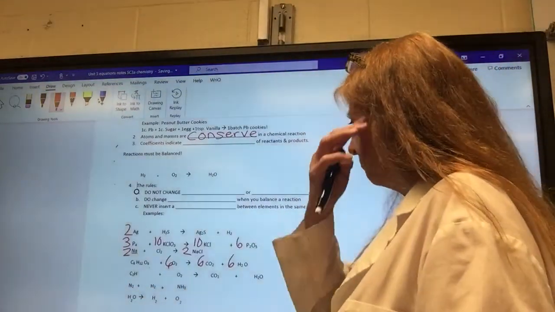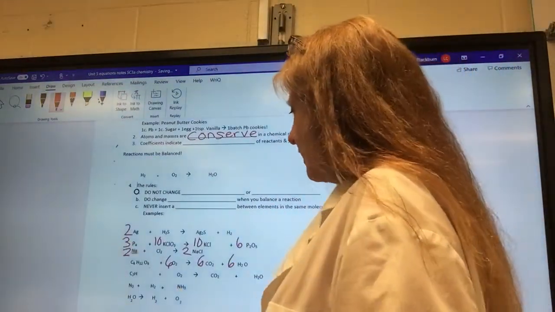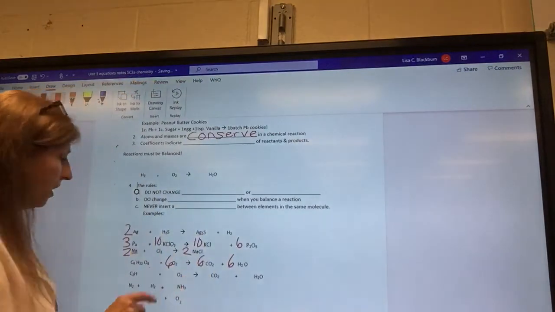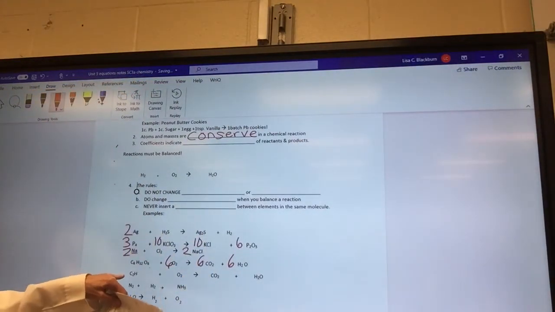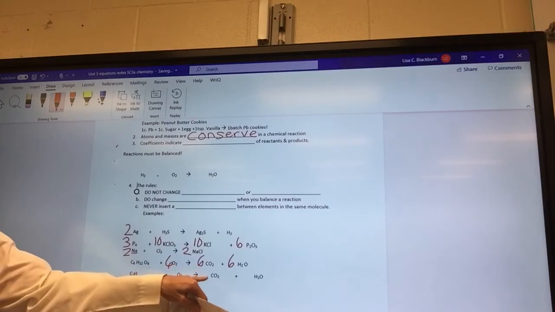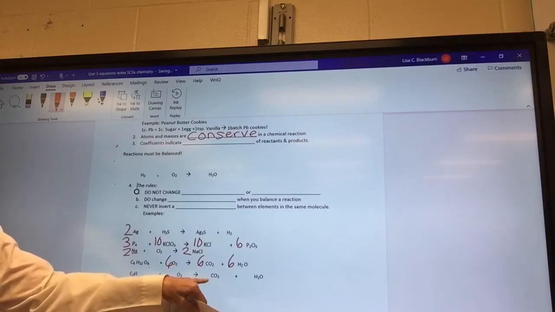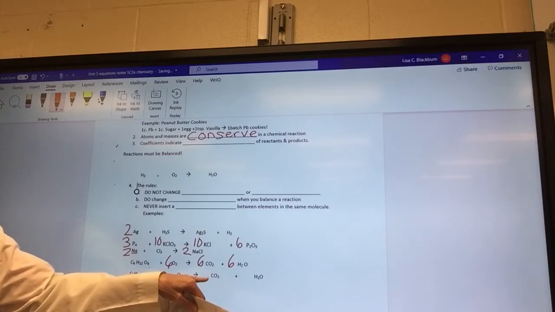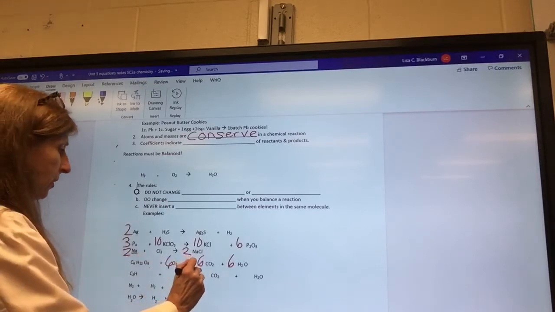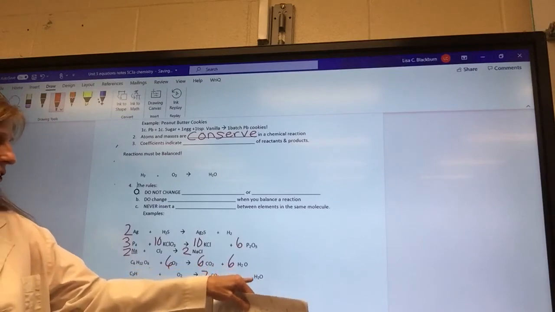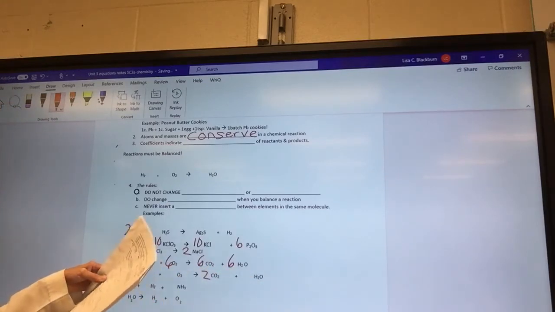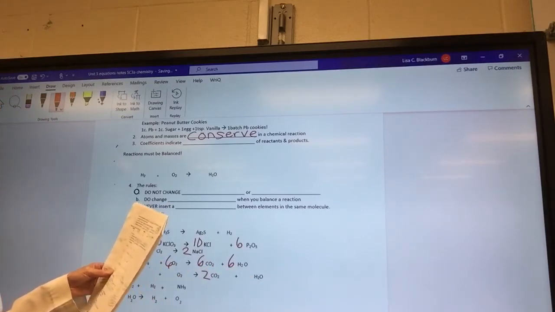Okay, let's try another one. Okay, so C2, O2, CO2, H2O. Okay, over here I have 2 carbons. What do I have over here? I've got 1, so what do I need? A 2. I've got 1 hydrogen here and 2 here, so what do I need there? 2.